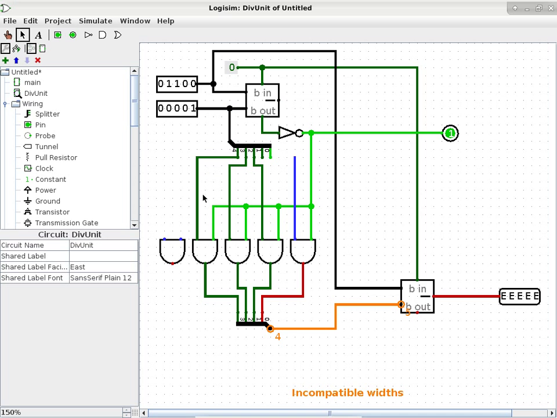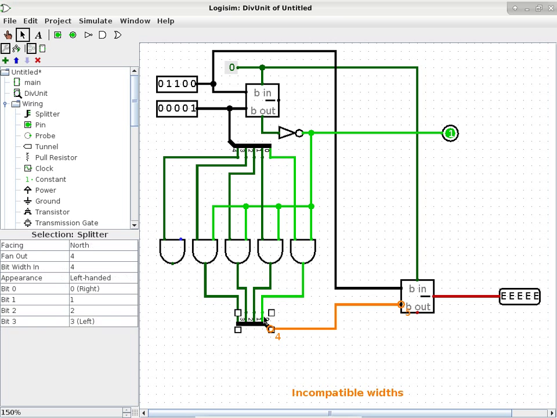All right, so we have to redo all this stuff anyway. So we'll take all those out. There we go.